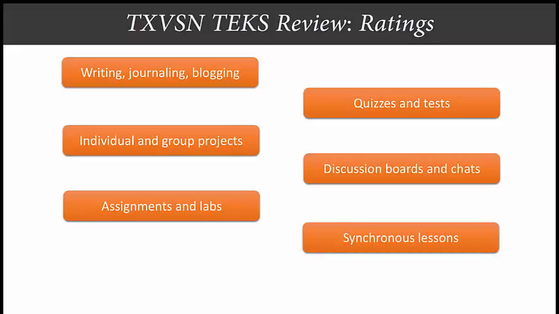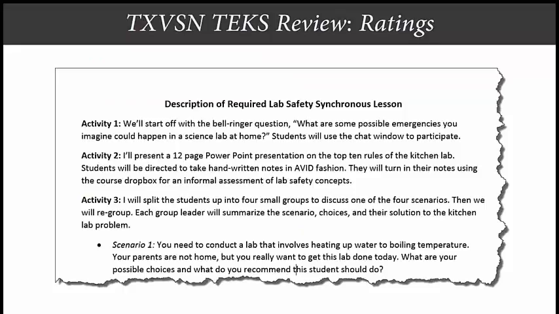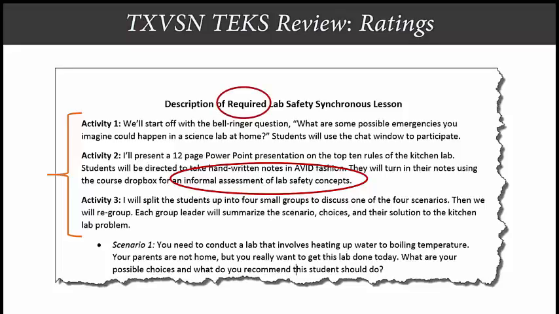Please note that if a student expectation is only assessed in a synchronous lesson, a description of the planned activities and how the students will be assessed is necessary so that you may properly evaluate the course. The lesson must be required and recorded for students who are absent.